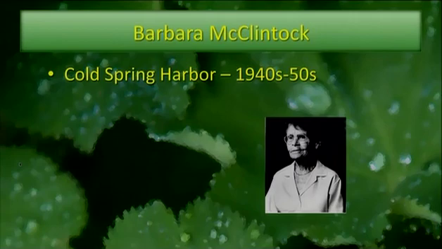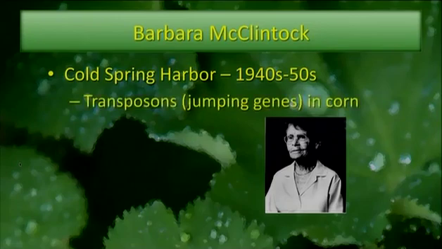These were the result of transposition, which is the movement of a piece of a chromosome to another location on the same chromosome or on a different chromosome. These transposable elements are also called transposons or jumping genes in corn.